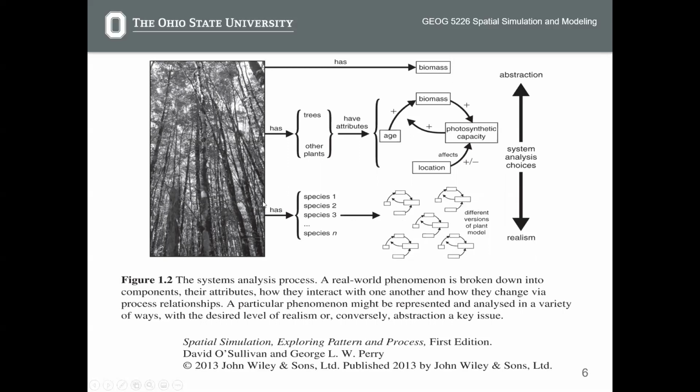So why do we do this? No matter if it's very simple or very complex, we want to address this system at different levels. This is the systems analysis process. This process is addressed by creating conceptual models. Okay. Here is just another example for a conceptual model. Like I mentioned in the last slide, it's usually the first step of the modeling process or your research process, but it's very important because it is the base of your building.